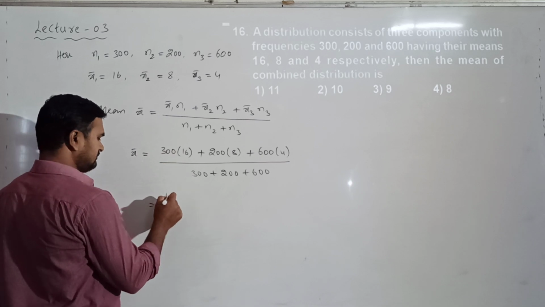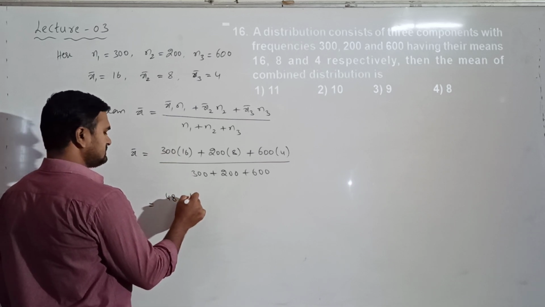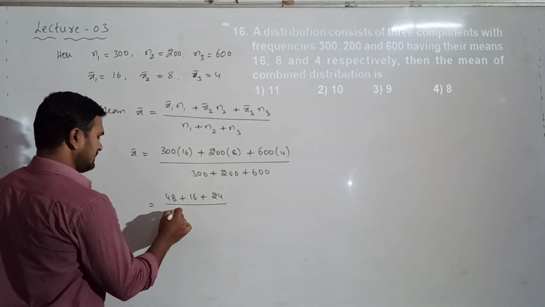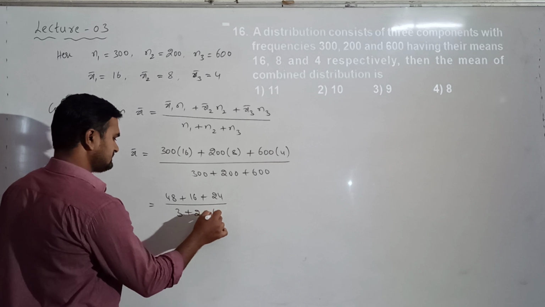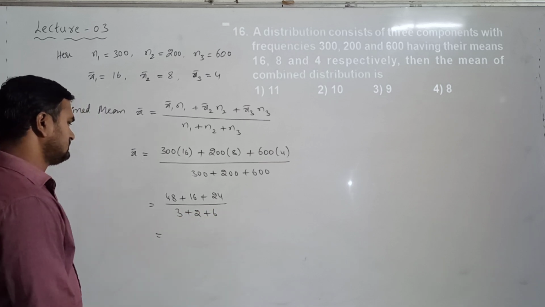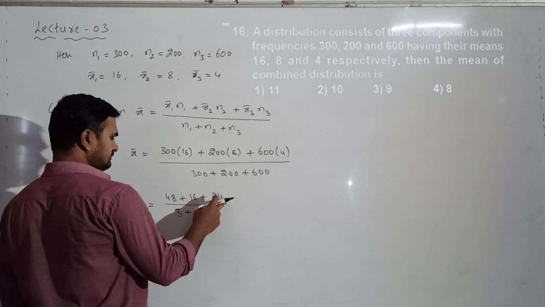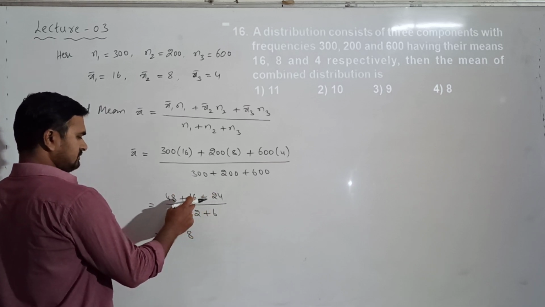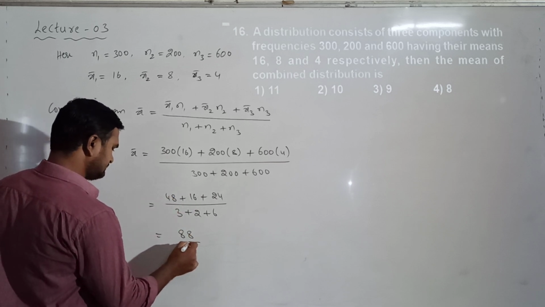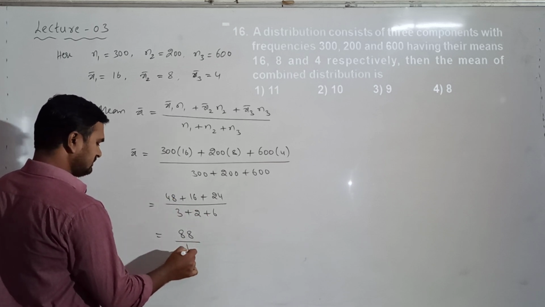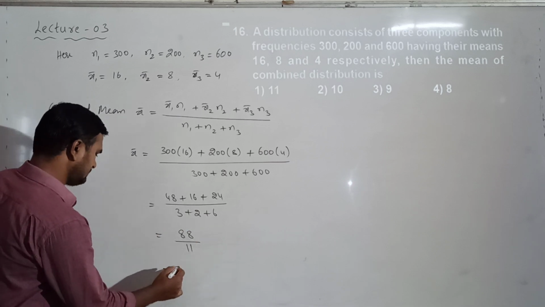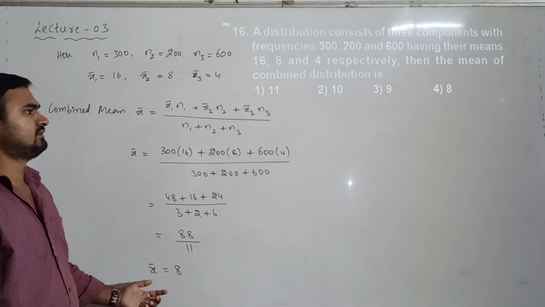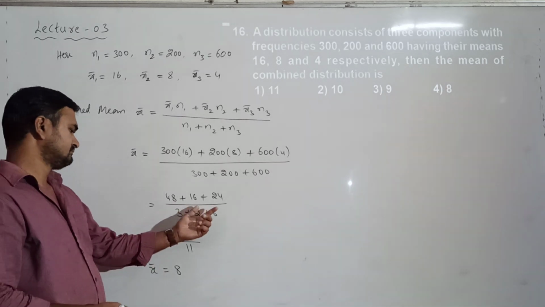So remaining is 48, 16, 24, divided by 3 plus 2 plus 6. So what we get here? 88 divided by 11. So it will be 8. So the combined mean will be 8. Okay.